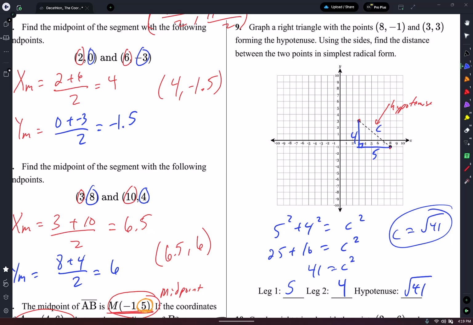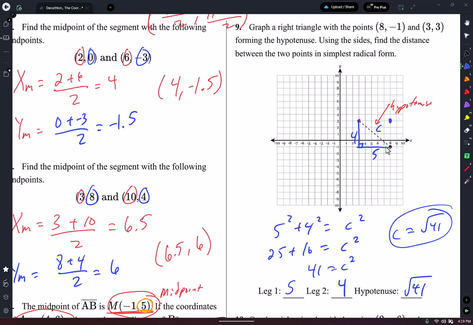If it was at 8, 3, then we wouldn't have a triangle, and you would just count the horizontal displacement.